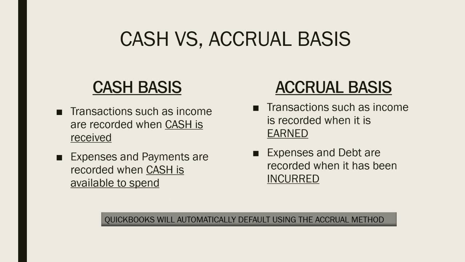Whereas the accrual basis allows you to think a little differently. It allows you to earn your income whether or not you received cash. So again, if I did receive cash, great, I will record that I earned income. But if I had somebody say, hey, how about I owe you on an account?